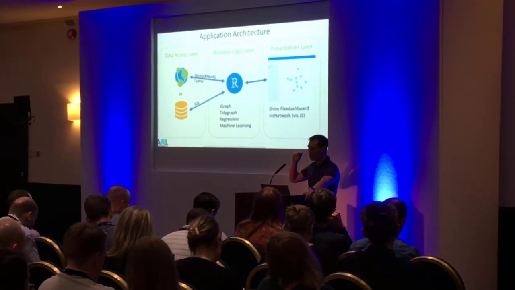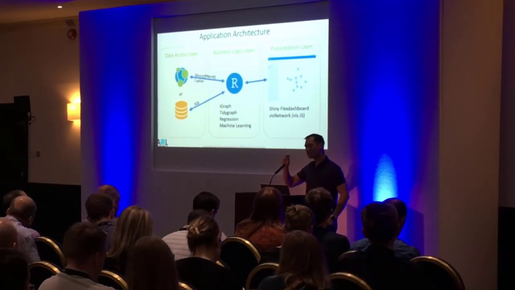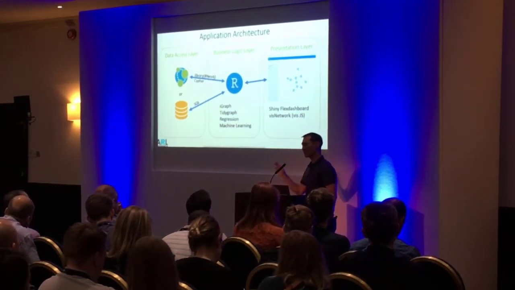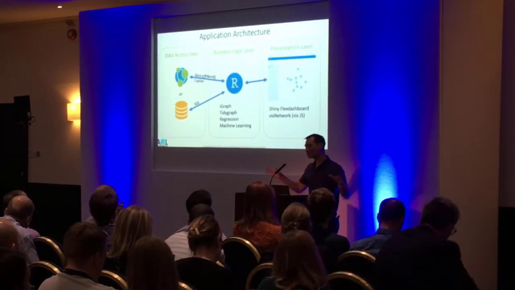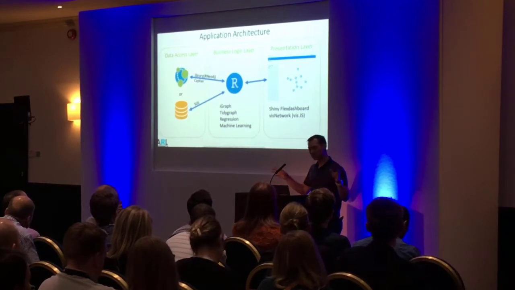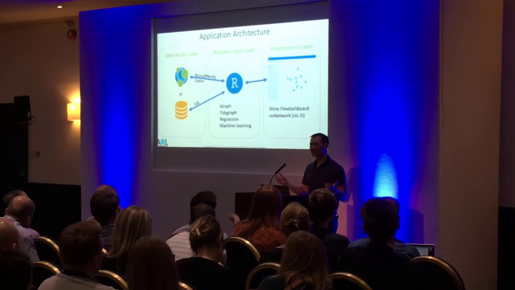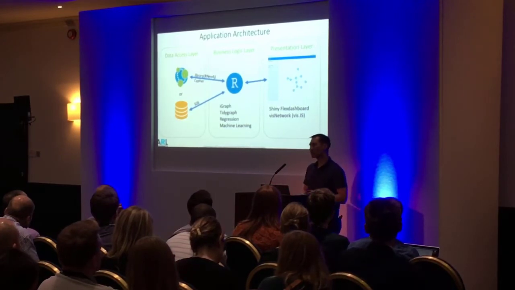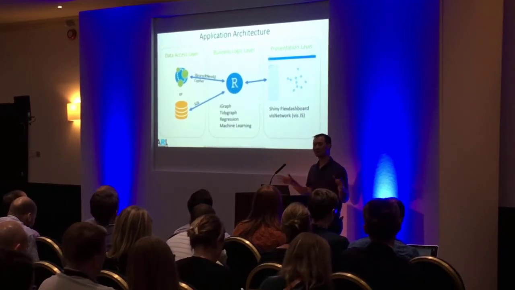Now, with flexdashboards, you can use them with or without Shiny. The really cool thing about this is that one thing that's really popular for massively scaling websites and applications is something called static pages. If you've heard of things like Jekyll, these scale massively because they don't take any resource on the server. You only need to deliver the page.